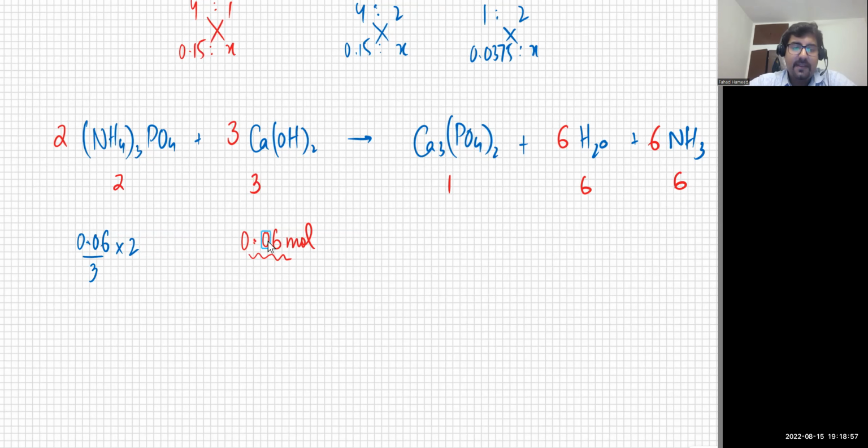If I want to find the moles of this thing, 0.06 divided by 3 into 1. If I want to find the moles of this, it's going to be 0.06, divide by 3, multiply by 6. And if I want to find the moles of this, it's going to be 0.06 divided by 3 into 6.